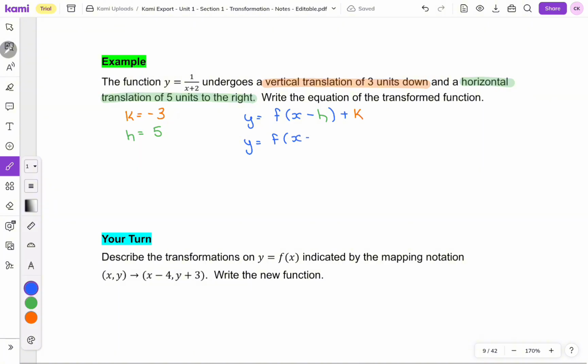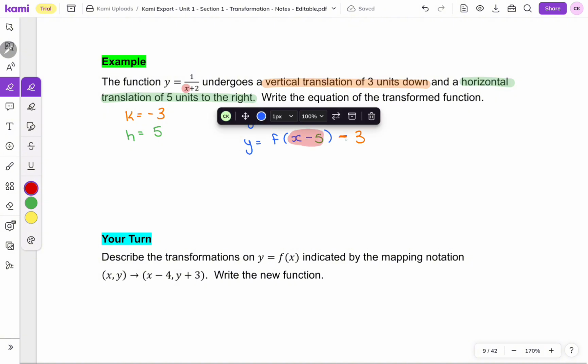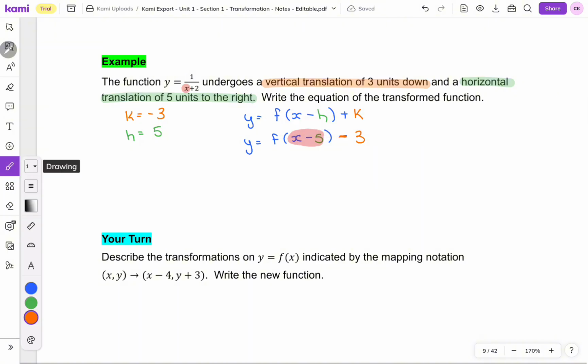So that's going to be x minus 5, and in this case, it's going to subtract 3. And this one, they gave us our specific function, so we're going to replace this x with x minus 5, and then we're going to add a minus 3 on the end.